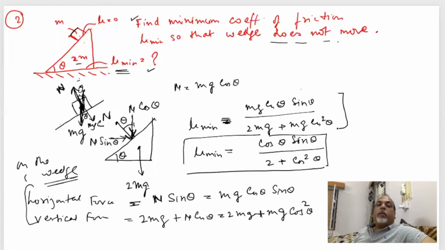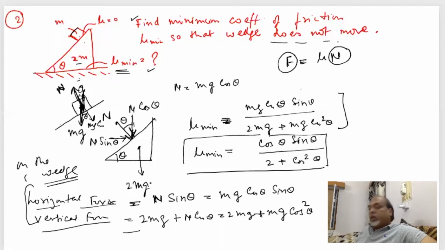This step is basically, you know, F is equal to frictional force, which is nothing but mu N. This is the horizontal force and this is the normal reaction. So here the combined normal reaction is basically this, and this is the horizontal force on the wedge.